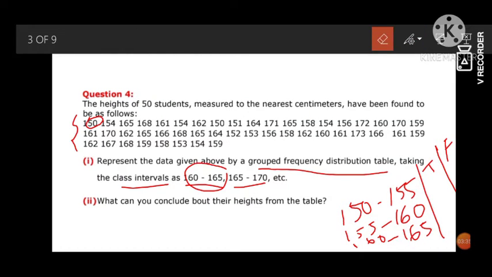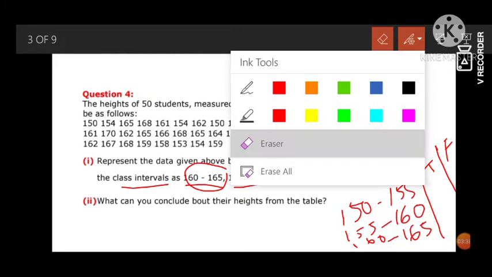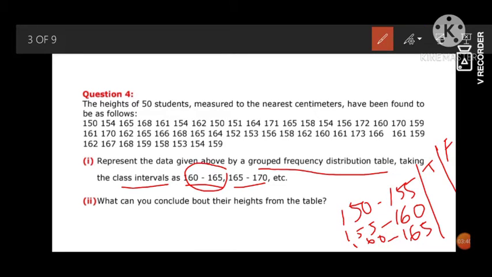So first let us erase this. Okay, so the first number is 150, 154, then again 154 we have, again 150, 151, then 154, and then we have 152, 153, then again 154, 153.